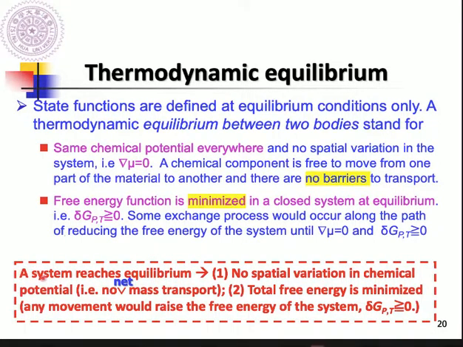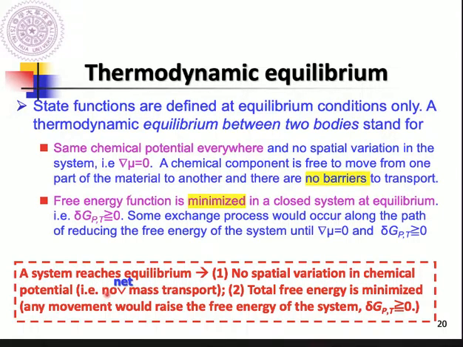So when a system reaches equilibrium, the first criterion is no spatial variation in chemical potential. That means there's no net mass transport. As we mentioned before, the atoms always move around at any moment. Sometimes atoms jump to the right. If, say, 3 atoms jump to the right, then 3 atoms jump to the left.